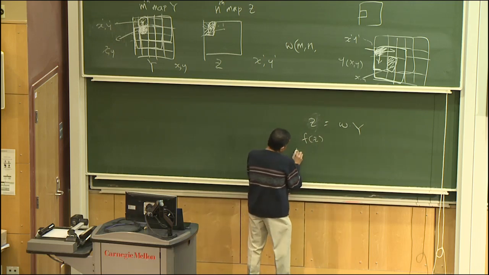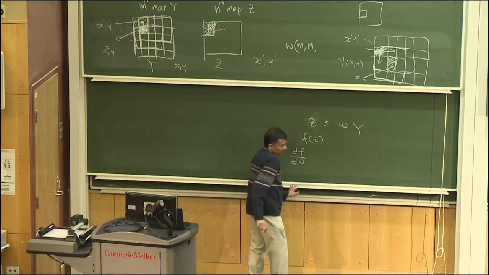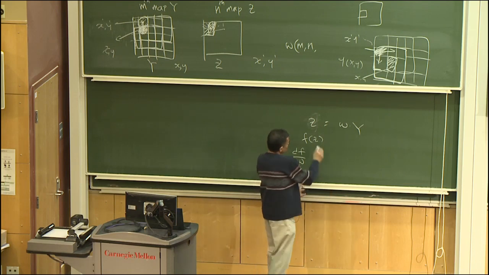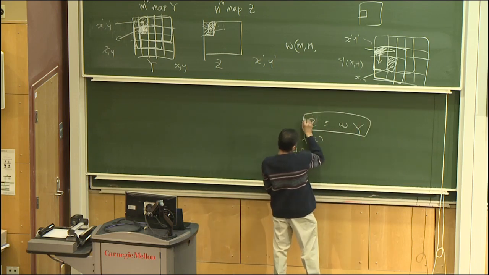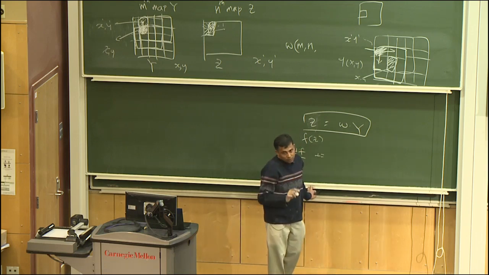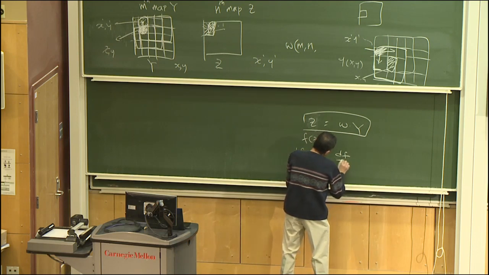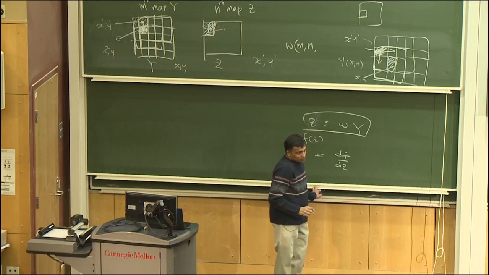Then the derivative of f with respect to w, just obtained from this equation, is simply going to be, it may have other terms, but the contribution of this particular relation is simply the derivative of f with respect to z times what?